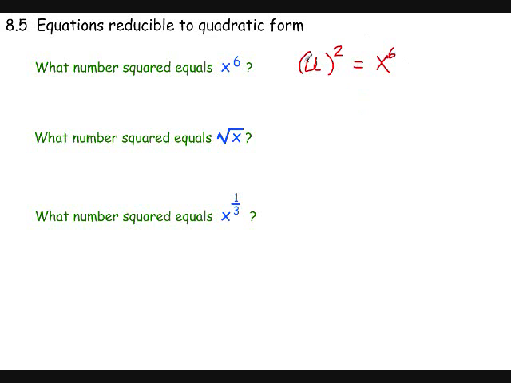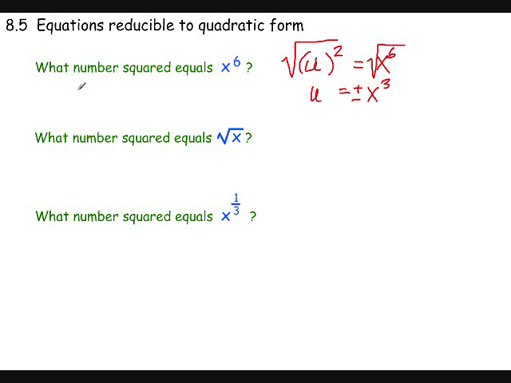How would I find out what u is? That's right. I take the square root of both sides. So I'd have u equals, and it actually would be plus or minus, wouldn't it?